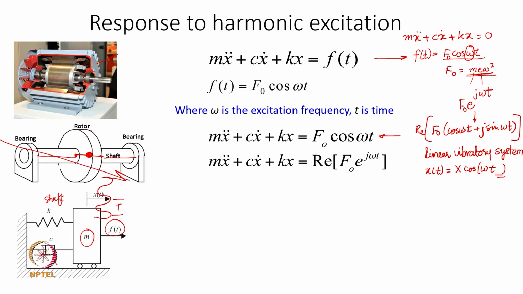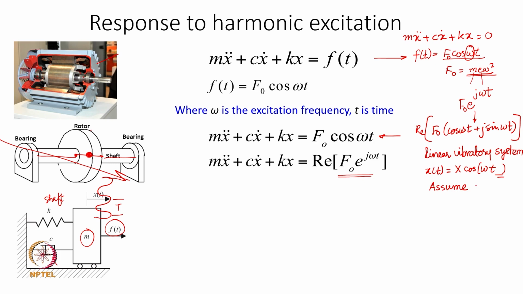Now, the assumption here is that since we have decided to stick to complex notation, we assume the solution the way we have also done it in a free vibration case.